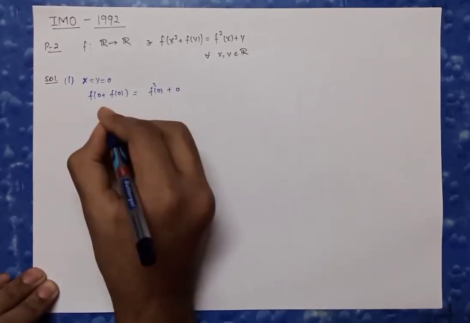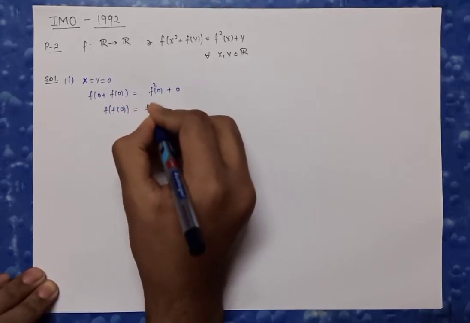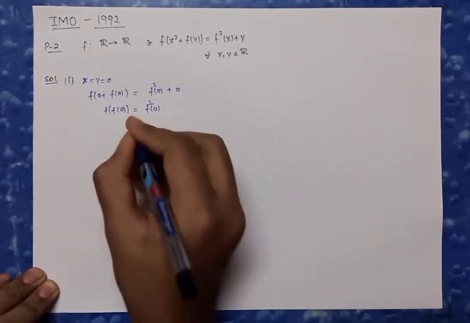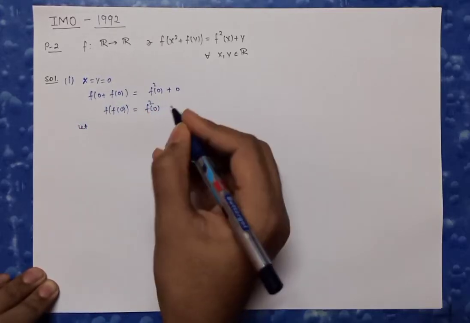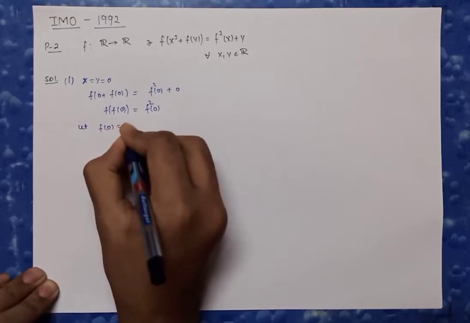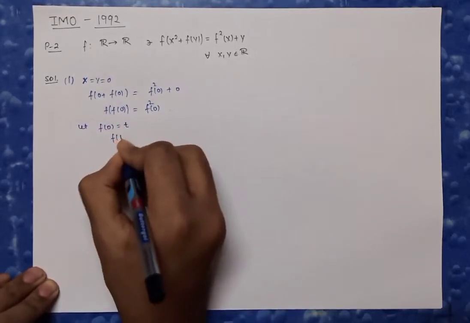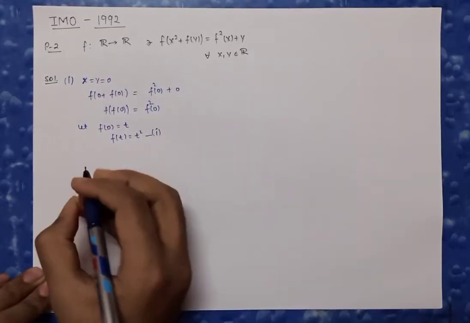This is nothing but f of 0 equals f of 0 square. Let's call f of 0 by some symbol, since we have to write it multiple times: f of 0 equals t, then f of t equals t square. Let's call this equation 1.